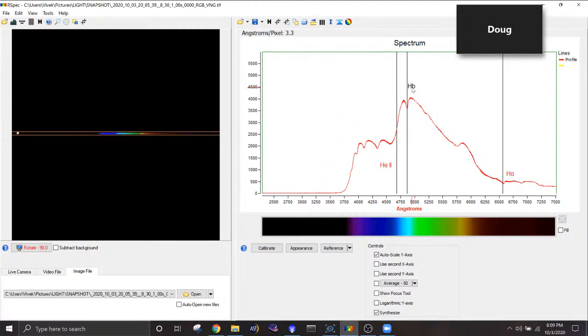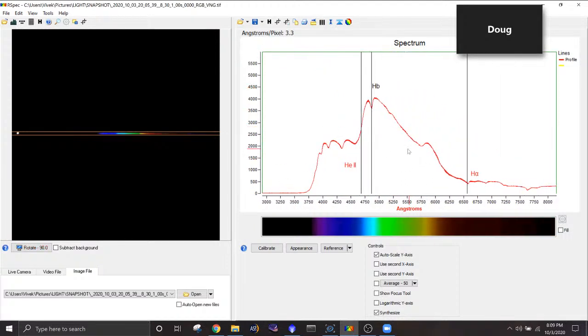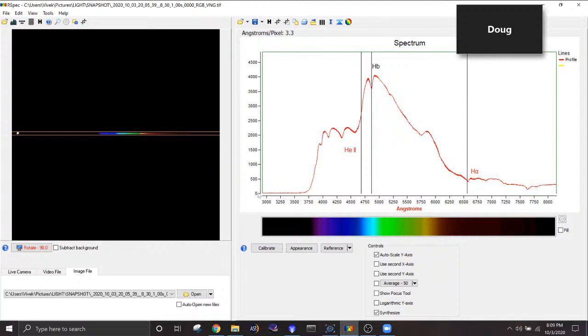So those dips represent gas in the outer part of the star that's absorbing light. Yes, like absorption lines. So this is basically the signature of that element in the star's light. That's how we can determine the composition of stars.